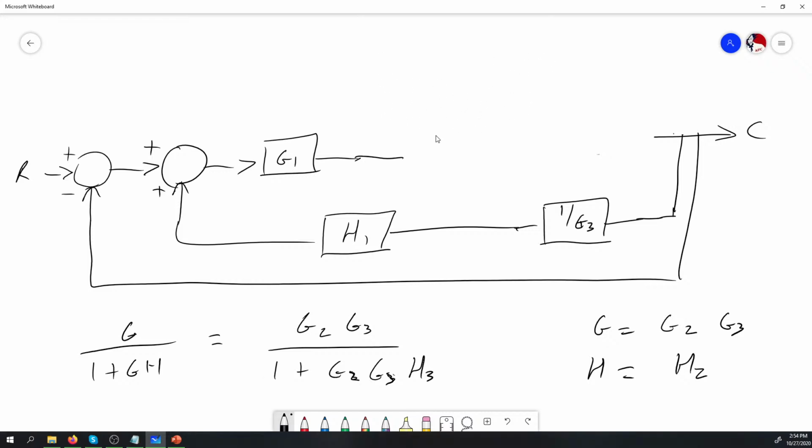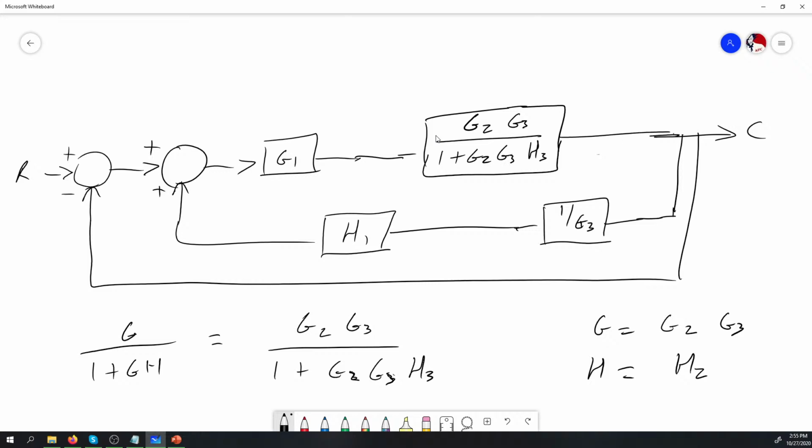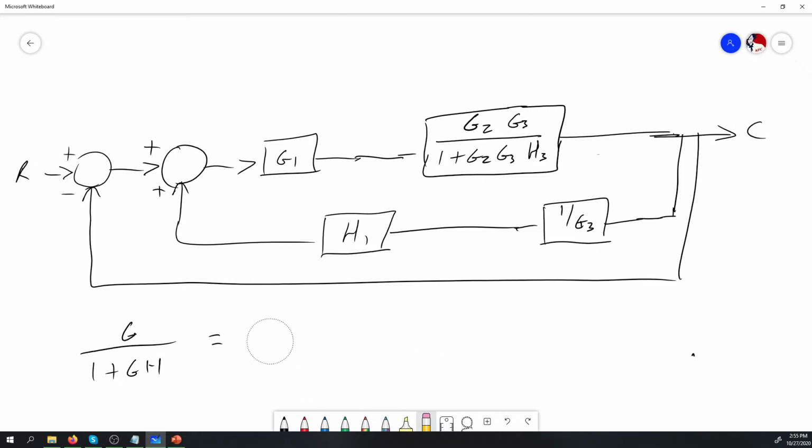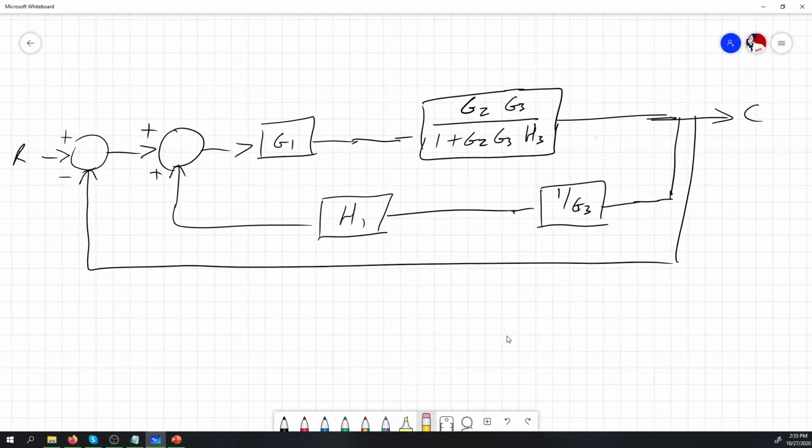So, this just reduces down to one block here being G2, G3 into 1 plus G2, G3, H3. Let's erase this because we no longer need this at this point. Hurry this up a little bit.